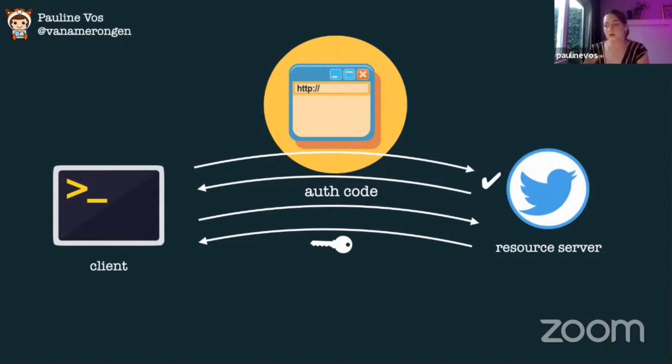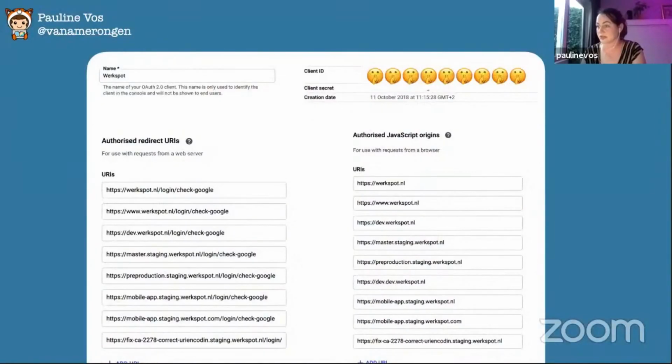Now, of course, there are some checks here, and there has to be some way for the resource server to manage the authorization codes and the access tokens and stuff like that. So you have to register your client application with the resource server. And this is an example of what that looks like. This is Google.